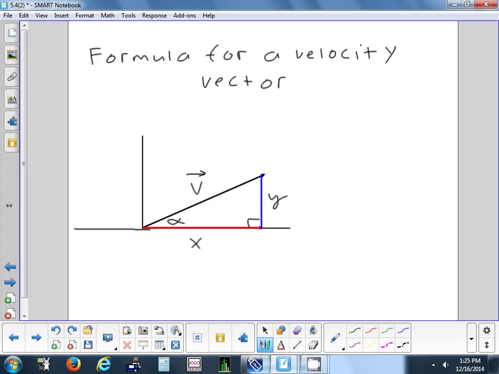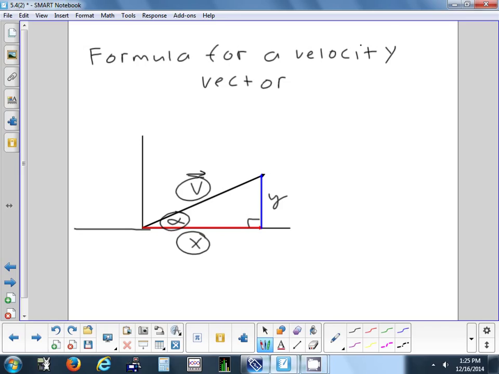All right, so my goal is to figure out a formula, because they're going to give me the angle in the problem. They're going to give me how fast I throw it. And my goal is to figure out x and y. So somehow I'm going to use that piece of information, that piece of information, and that piece of information. So which trig function would involve x, and it's also going to involve the hypotenuse?